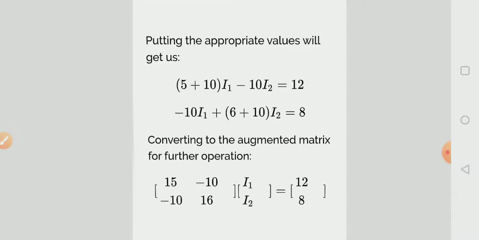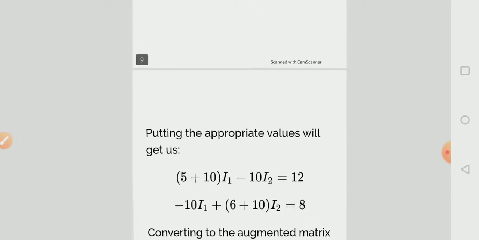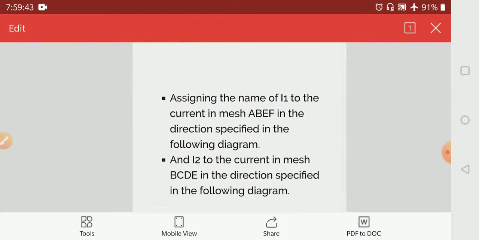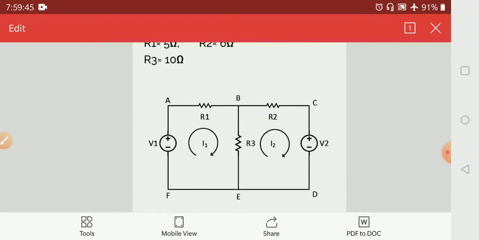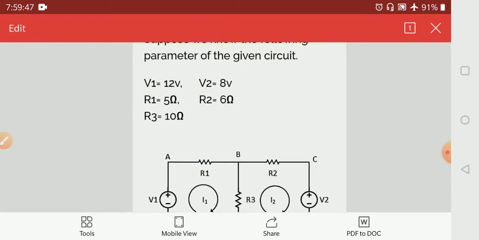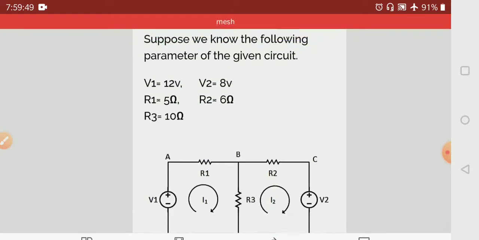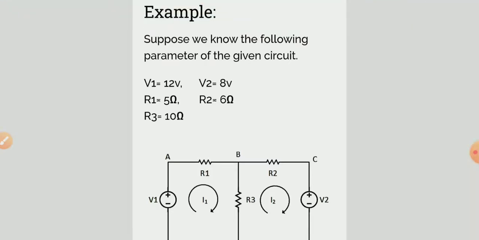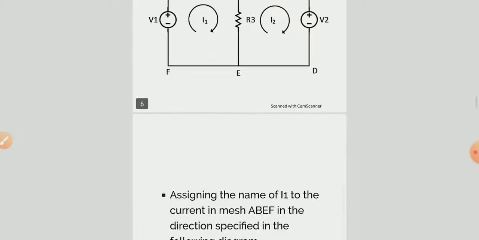Now in the next step, we put the value of all parameters, as some parameters are given. As we see, V1 equal to 12 volt, V2 equal to 8 volt, R1 equal to 5 ohm, R2 equal to 6 ohm and R3 equal to 10 ohm.